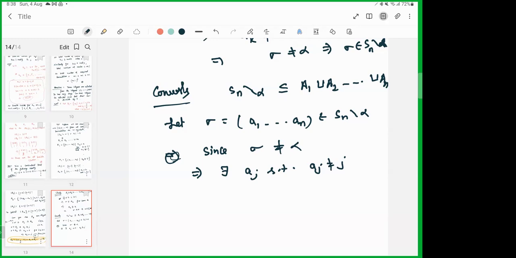In capital Aj the condition is that Aj minus 1 should be J minus 1 and Aj should not equal J. But in this permutation sigma, you have only got Aj is not equal to J.